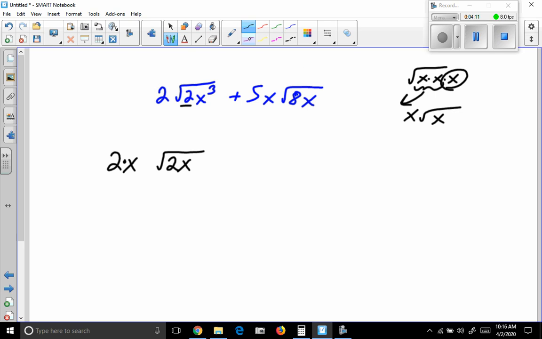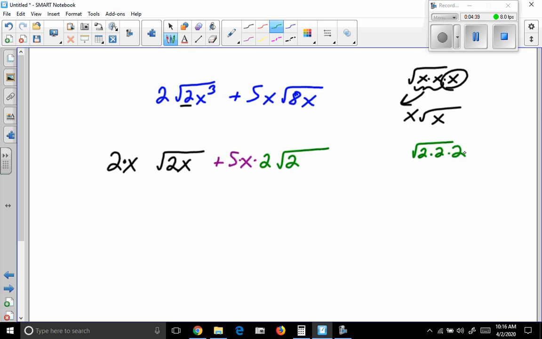Now if we look at the next one, we have 5 times x out front, and that's multiplied times whatever this simplifies to. On a problem a moment ago, we saw that the square root of 8 simplifies to 2 square roots of 2. We could call 8 4 times 2, or if you get the prime factorization of 8, 8 is 2 times 2 times 2.